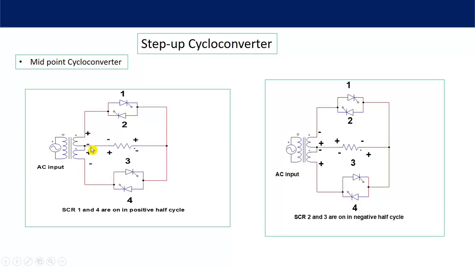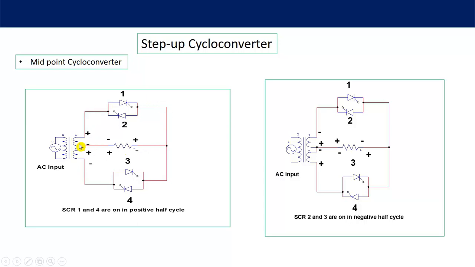So, in positive half cycle, the polarity of the secondary winding voltage is positive, negative, positive, negative. Now, favorable condition is there for thyristor number 1. So, we will trigger this thyristor number 1 and current will flow in this direction. So, positive output voltage you have got for some duration of time.